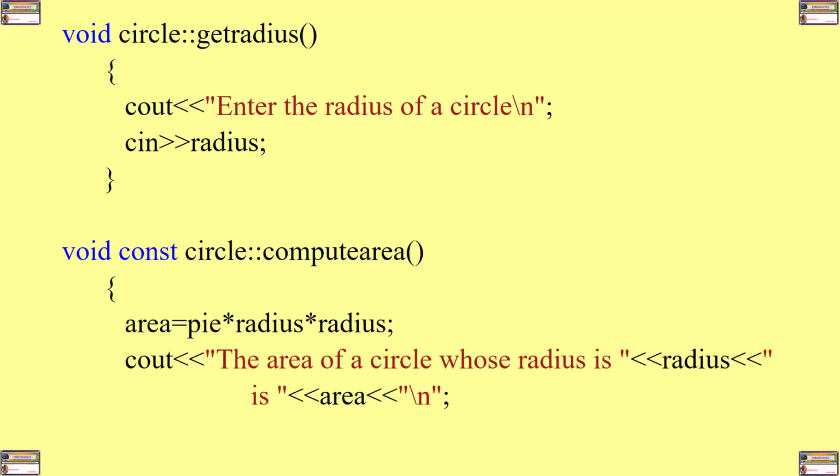Then it will display the message on the screen: the area of the circle's radius is, and it will pick the value in the memory location called radius and display it, followed by the area. Then the processor will pick what is in the memory location called area and write it out, and then drop one line below.